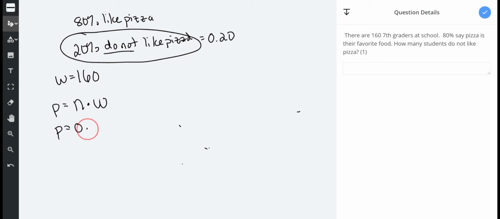Part equals 20 hundredths, my apologies, 20 hundredths times the whole of 160. So 20 hundredths times 160 gives me a part of 32. So how many students do not like pizza? 32 students.